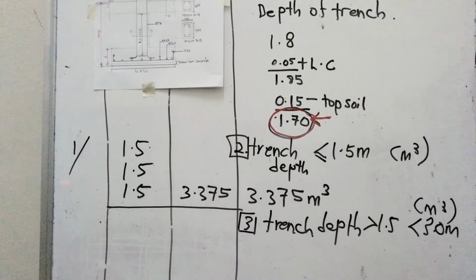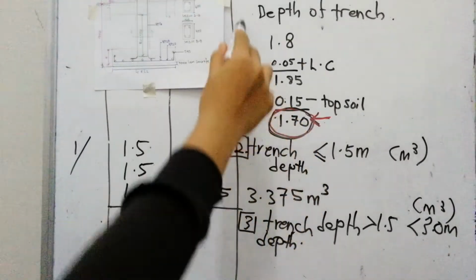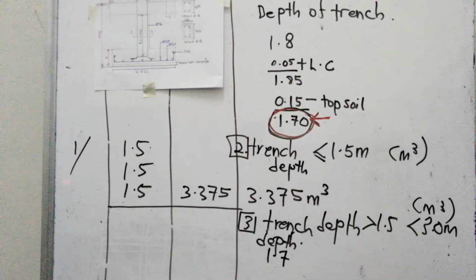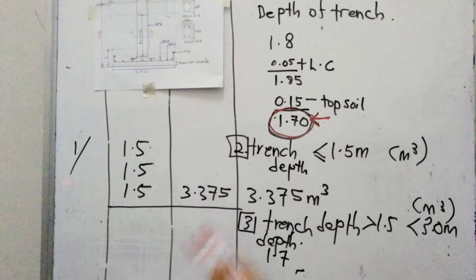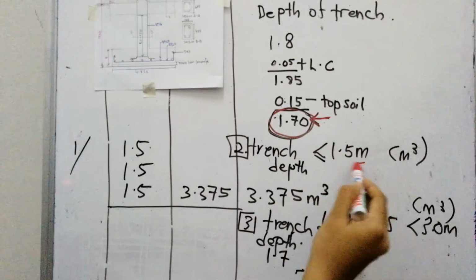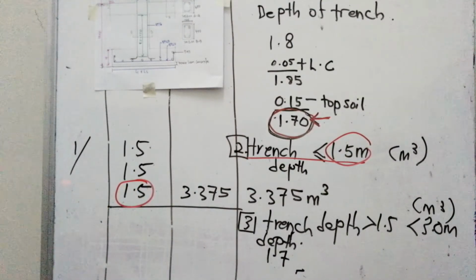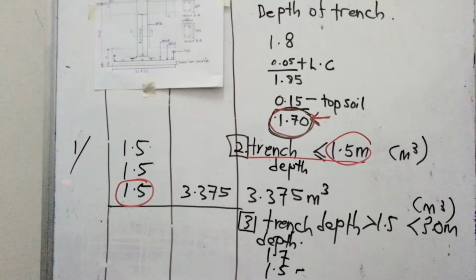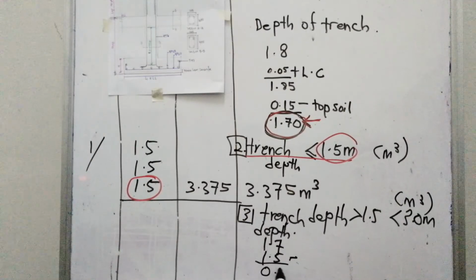Logically, you can do it like this. The total depth that you have calculated, 1.7, minus the depth that you have already considered in the second stage, which is 1.5, so you get the depth as 0.2.